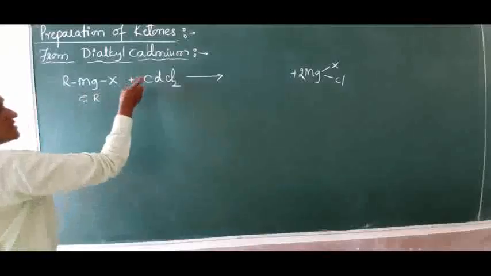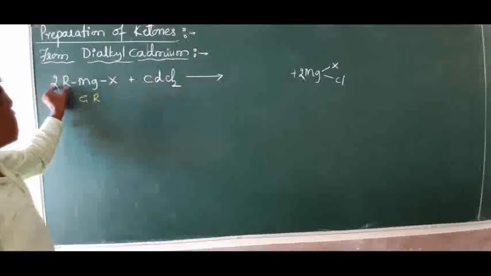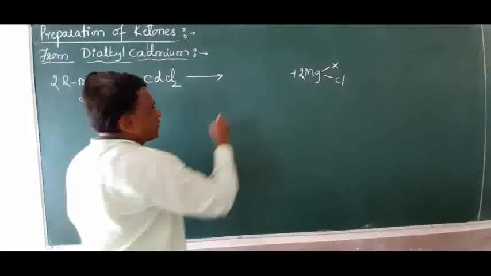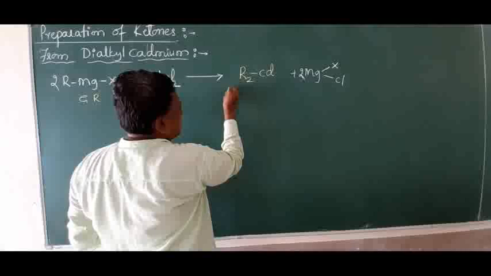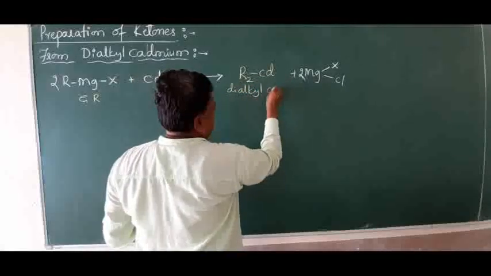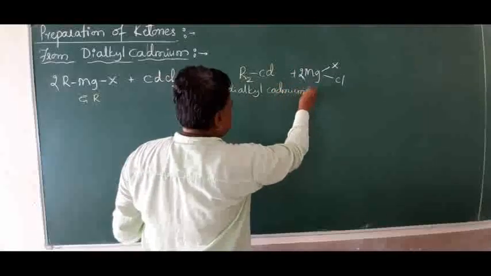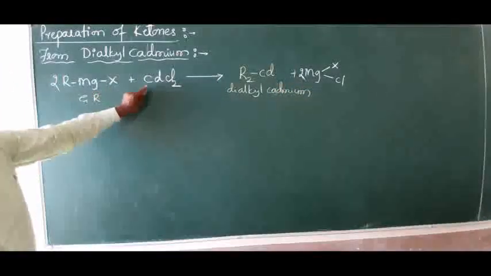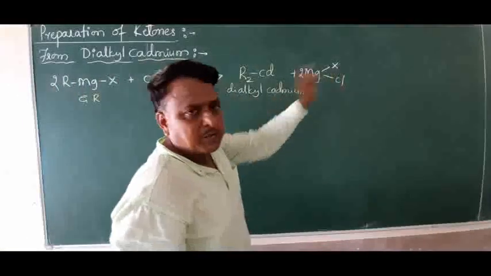Here we require 2 R. What remains is the 2 alkyl groups with cadmium, the product R2Cd. This R2Cd is called dialkyl cadmium. I repeat, when Grignard reagent is reacted with cadmium chloride, it forms dialkyl cadmium and magnesium salt.